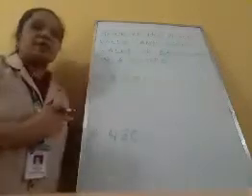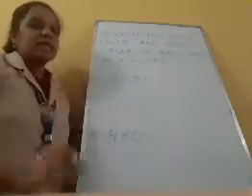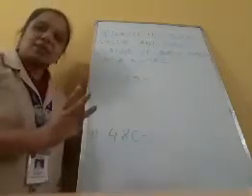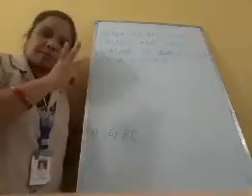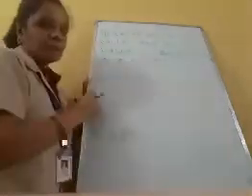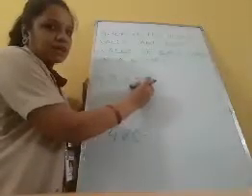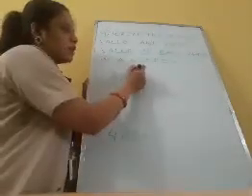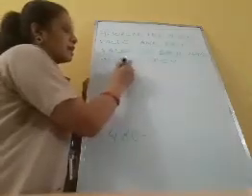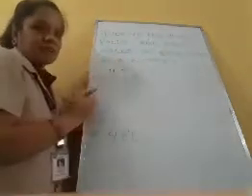Now let's see how you do. In a 3 digit number there are 3 place values. Write the place values on the number, starting from the last digit, the extreme right side. So you write ones, tens, hundred.